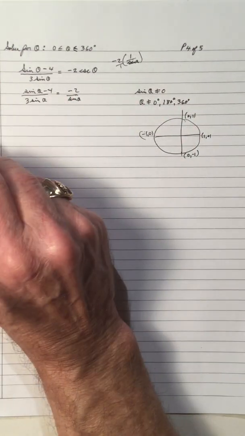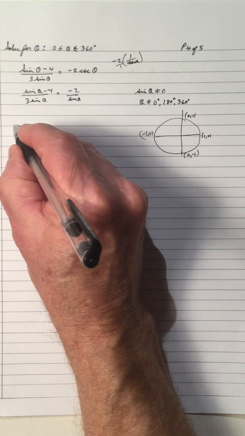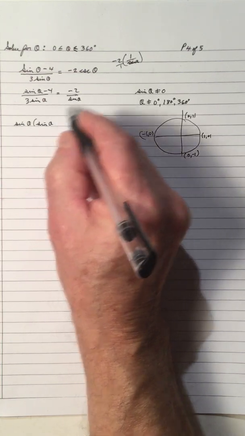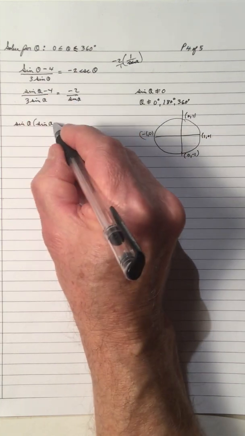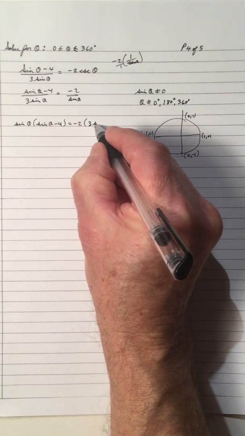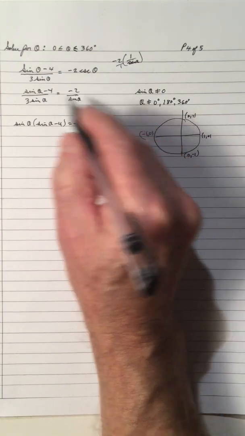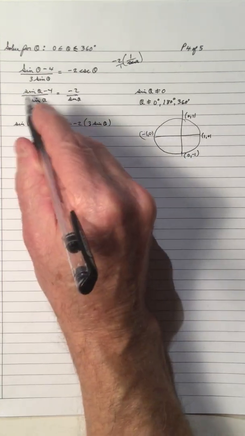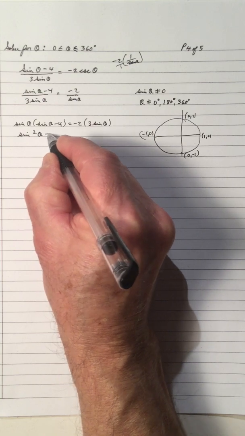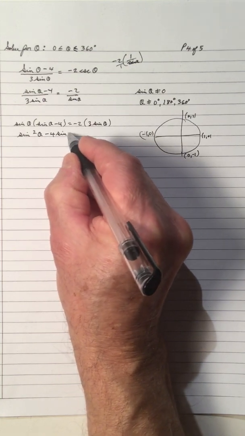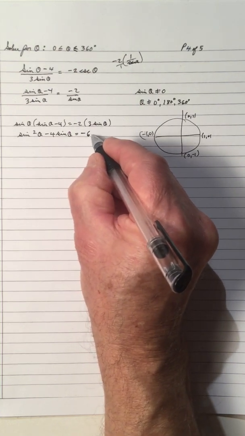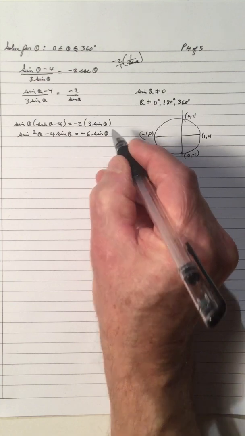So we have two fractions equal. Let's solve the equation. We cross multiply: sine theta times sine theta minus 4 equals -2 times 3 sine theta. So two fractions equal, and cross multiplying. That gives me sine squared theta minus 4 sine theta, equals -2 times 3, which is -6 sine theta.